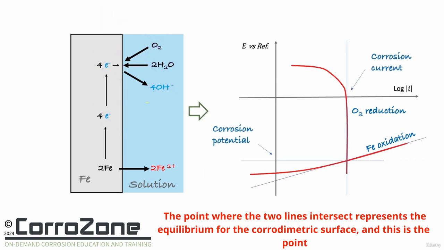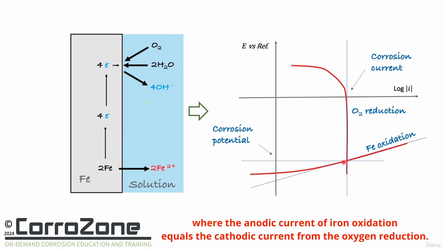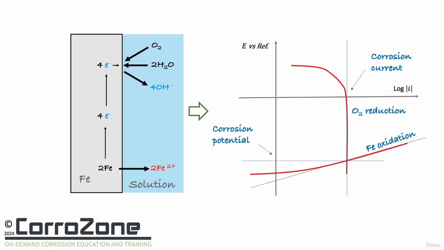The point where the two lines intersect represents the equilibrium for the corroding metal surface. This is the point where the anodic current of iron oxidation equals the cathodic current from the oxygen reduction.